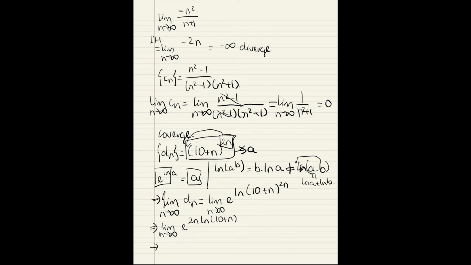Based on that, we use that rule again: the limit of n to infinity of e to the 2 times ln of (10 plus n) over 1 over n. Then the derivative of the logarithm is 1 over 10 plus n times 1, times 1 over minus n minus 2.